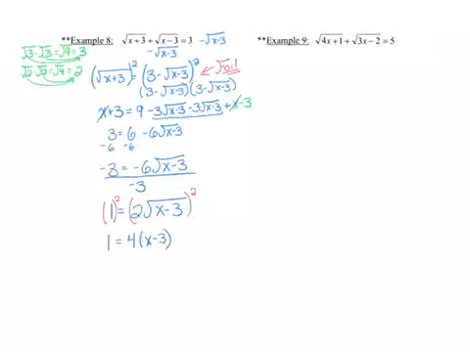Do not add in an addition sign. That's a mistake I see a lot. When it's 2 times the square root of x minus 3, when you square it, they're still going to be multiplied together. Now that we were able to get rid of that radical, we can distribute the 4 and solve for x.